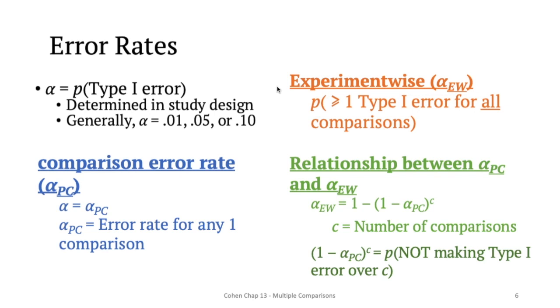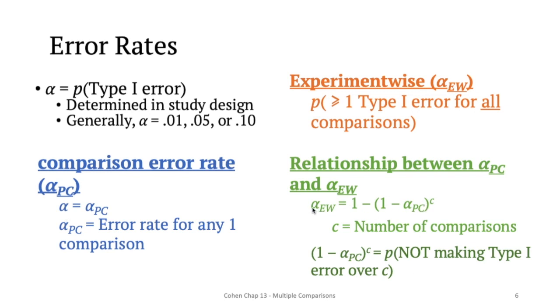However, we also have to consider the experiment-wise or family-wise alpha, another term for it. This is going to be bigger as you have all comparisons. It's going to be bigger than your alpha here. If you have more than one comparison, it's going to go up.